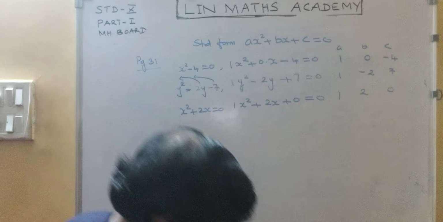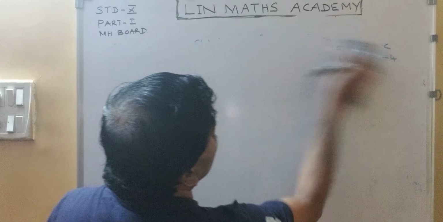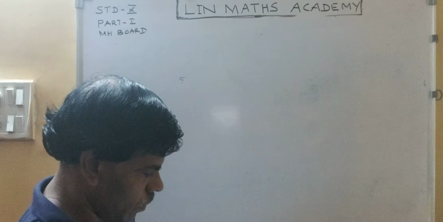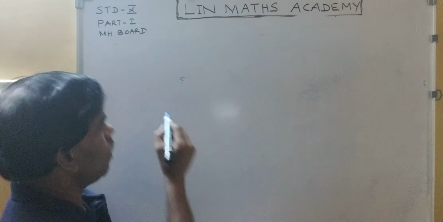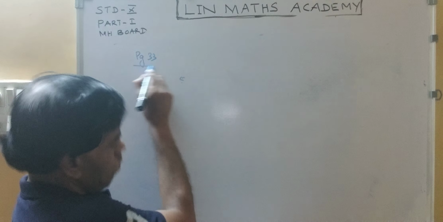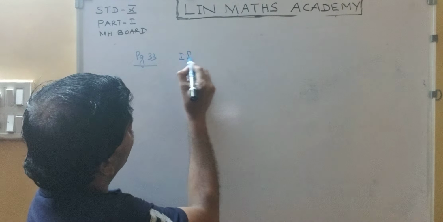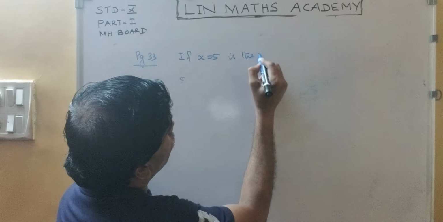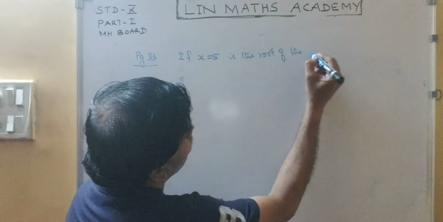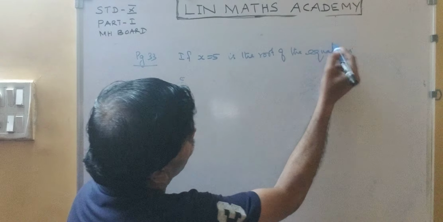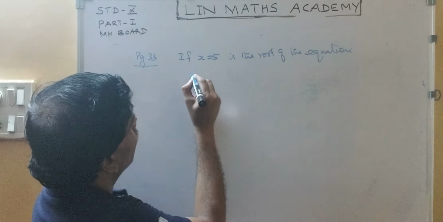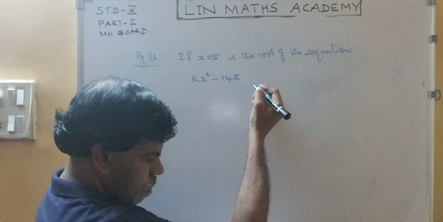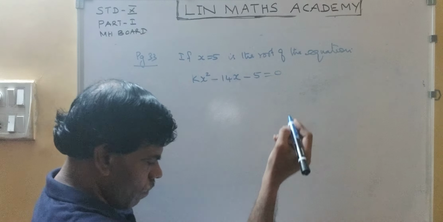Okay, now page number 33. If x equal to 5 is the root of the equation, what is the equation? kx square minus 14x minus 5 is equal to 0.